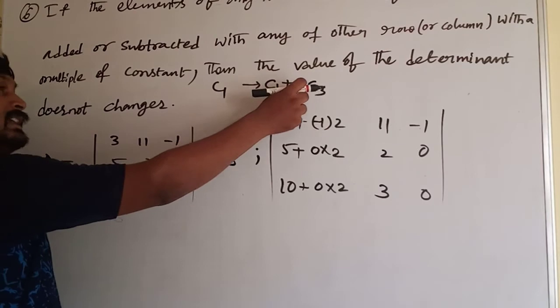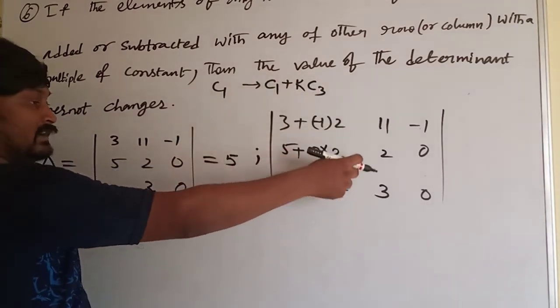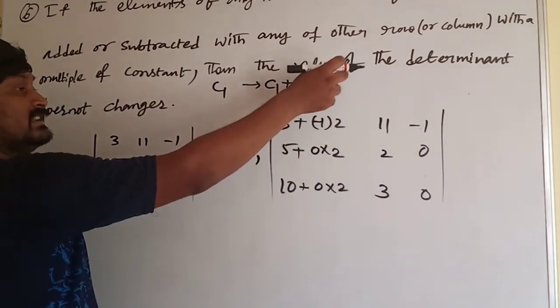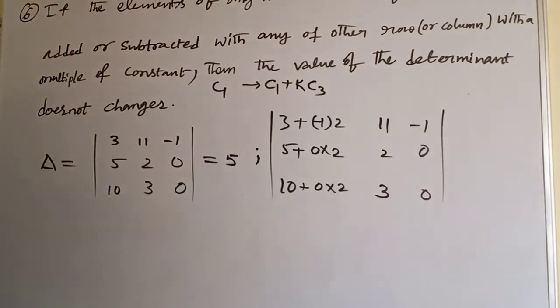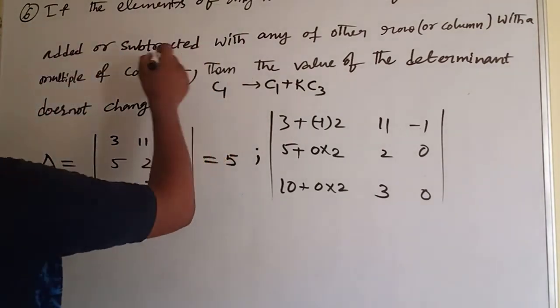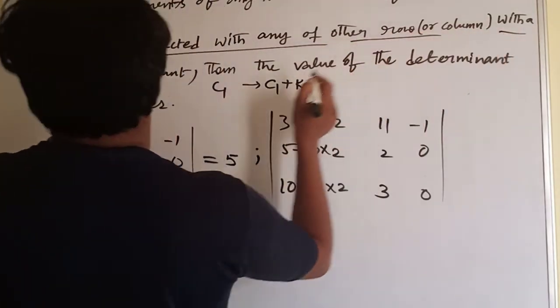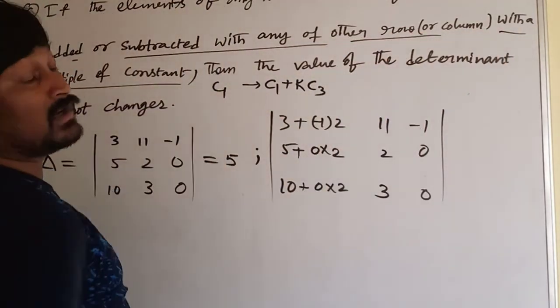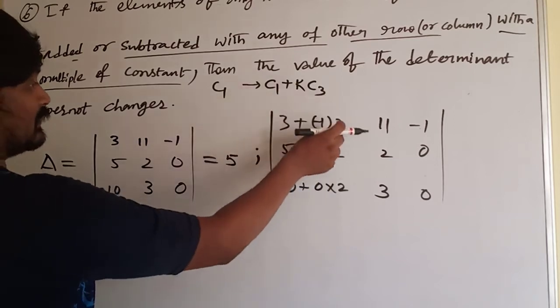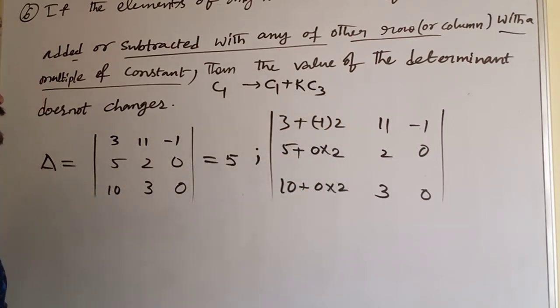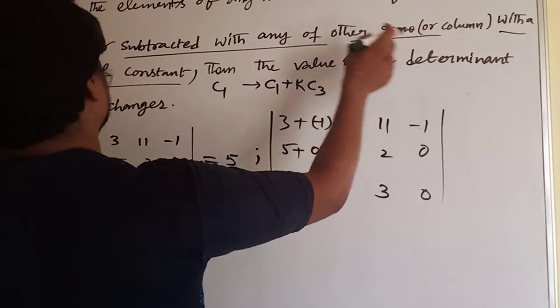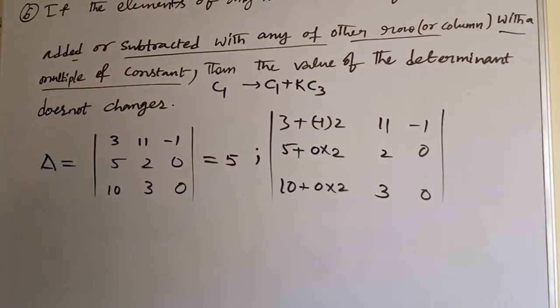It is multiplied with some constant, that value is 2, and C3 is as it is. So that is the meaning of this: added or subtracted with any other row with a multiple of a constant, and the constant is 2. Then the value of the determinant does not change.